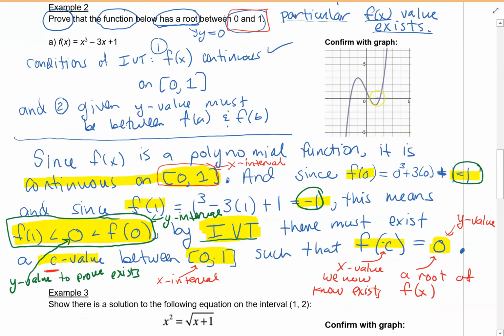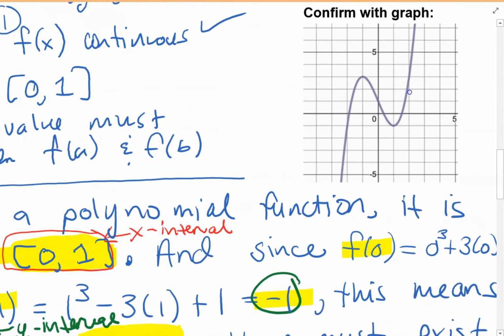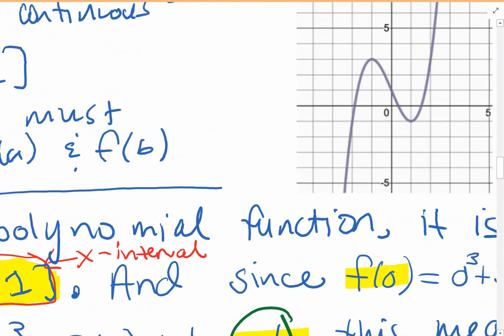Okay, so let's confirm that with the graph. What you should do with all of these is graph them to visualize what's going on. Where is my x interval? I'm going to zoom in here. My x interval was between 0 and 1, so that was here to here. My y interval was between -1 and 1, here to here.